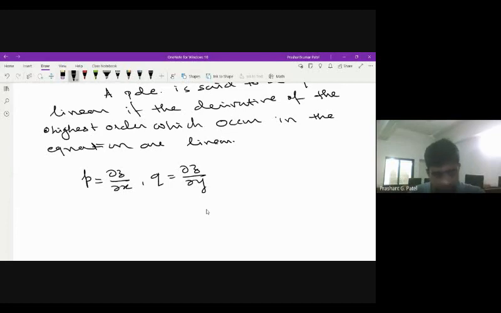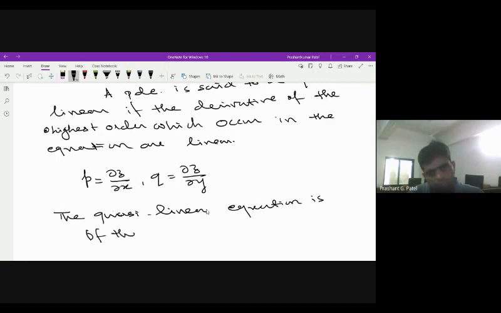So the quasi-linear equation is of the form P of x, y, z into p plus Q of x, y, z into q is equal to R of x, y, z, where capital P is a function of x, y, and z.